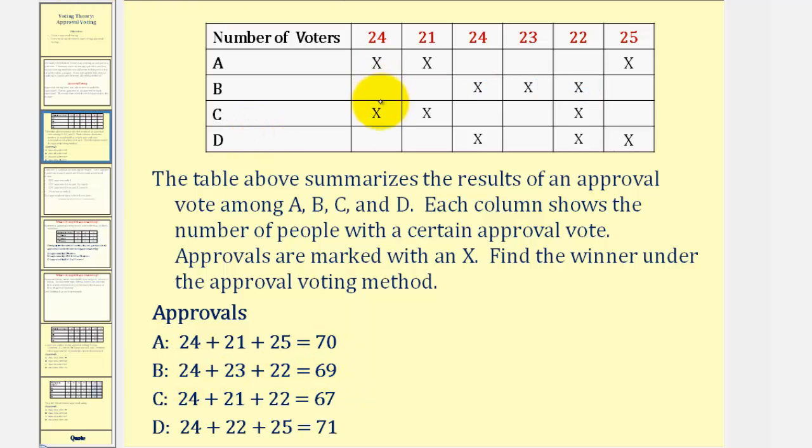Candidate C was approved by 24 plus 21 plus 22, or 67 voters. And finally, candidate D was approved by 24 plus 22 plus 25, or 71 voters. And because candidate D received the most approval, candidate D wins.